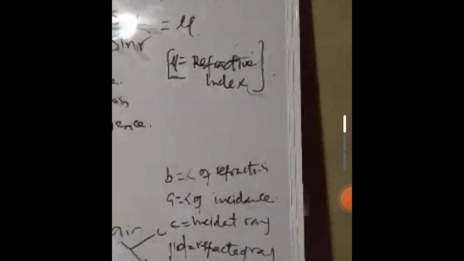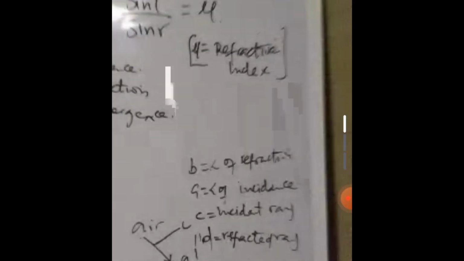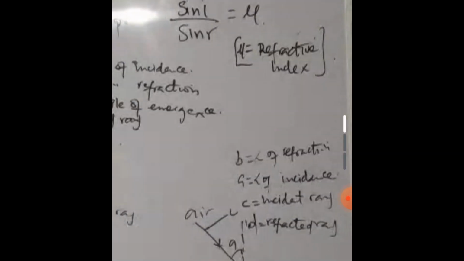This refractive index, we say, is a dimensionless quantity. What do we mean by dimensionless? It has no units. It is like magnification. Magnification also doesn't have unit.